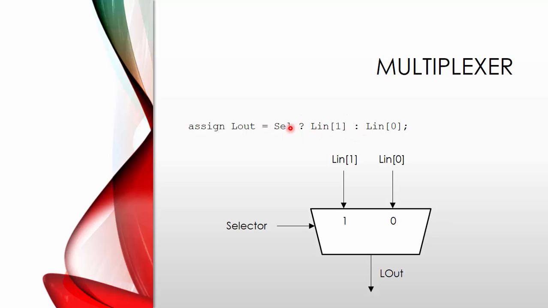If the selector is true or 1, we take the input 1. Otherwise, if it is false, we take 0. So this is how the drawing of the multiplexer shows it.